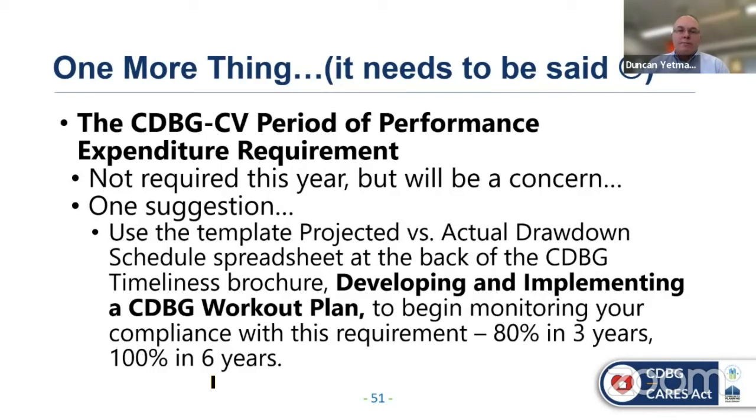Well, here's one suggestion. Use the template projected versus actual drawdown schedule spreadsheet at the back of the CDBG timeliness brochure. That is the brochure that's titled Developing and Implementing a CDBG Workout Plan. And use that spreadsheet to begin monitoring your compliance with this requirement, whether it's the 80% in 3-year requirement or the 100% in 6-year requirement.